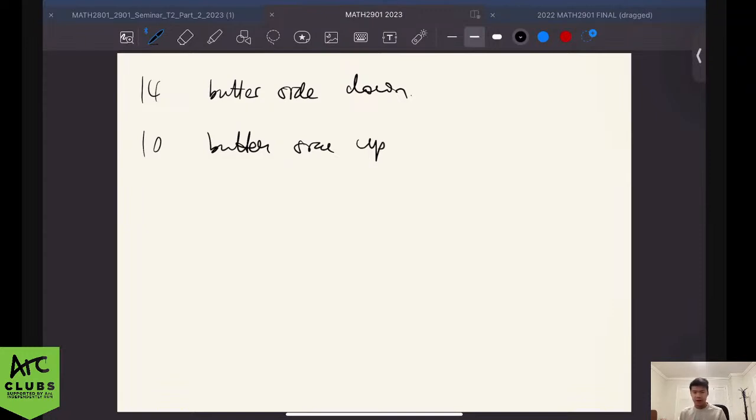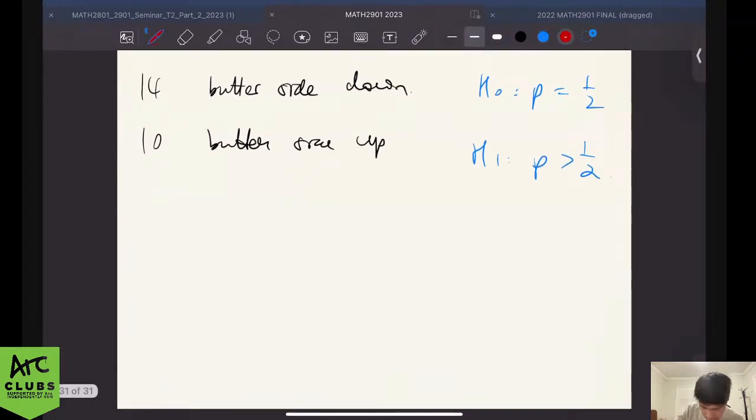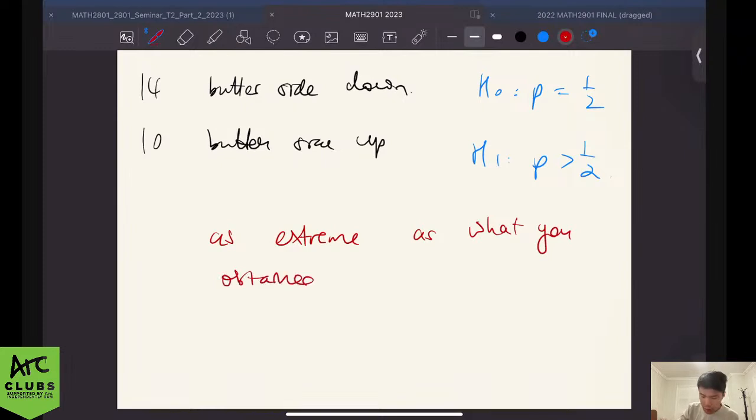It seems like it's more likely that, remember, H0 is p equals a half, H1 is p is greater than a half. So the p-value, and this is a really important phrase, I'm going to write it out, is the probability of getting a value as extreme as what you obtained, or more extreme.